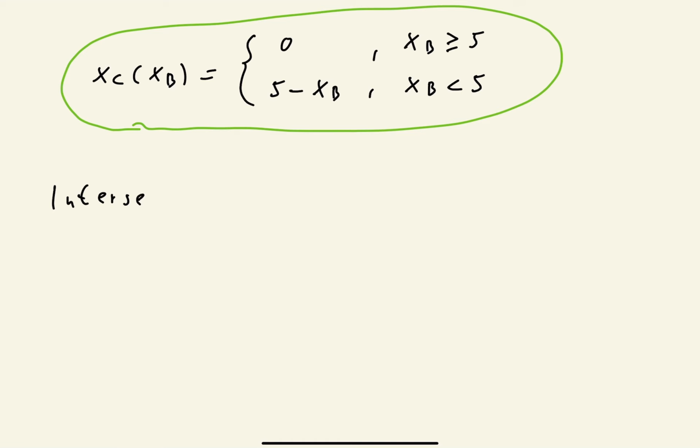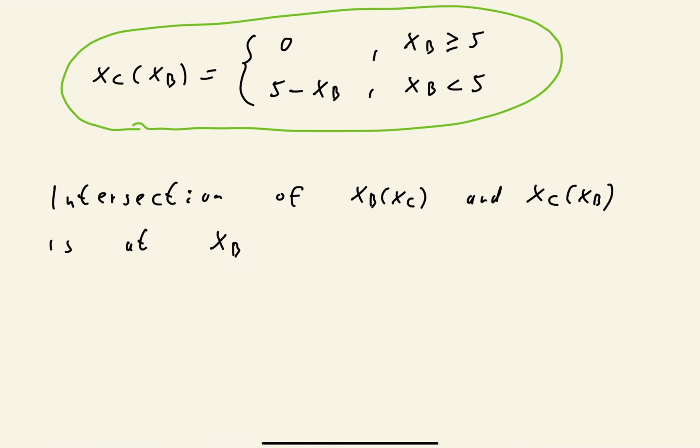The intersection of XB of XC and XC of XB is at XB star equal to 0 and XC star equal to 5.